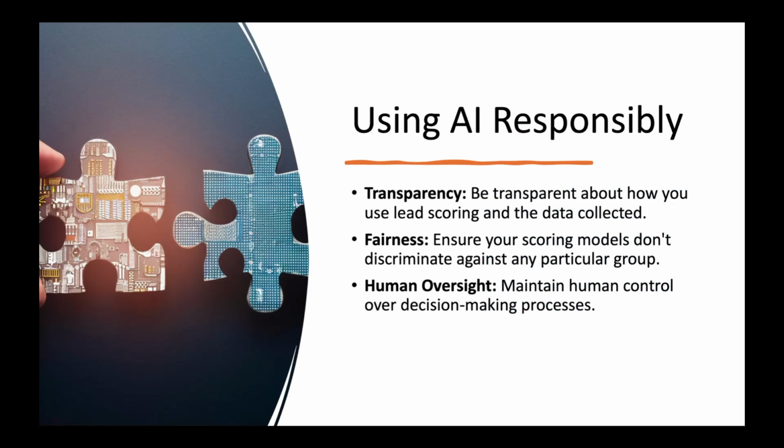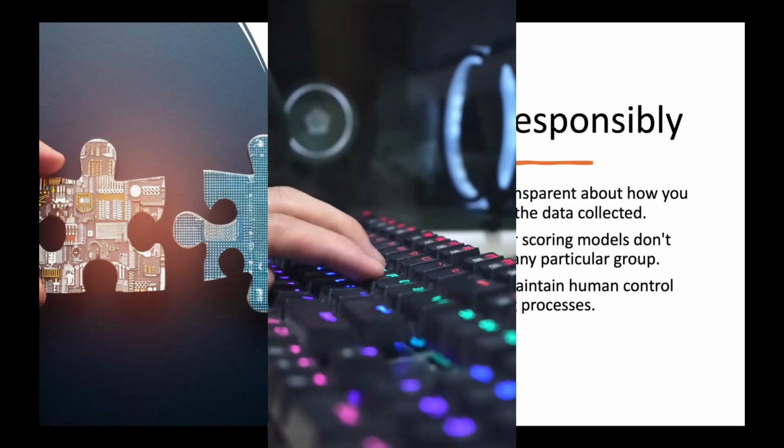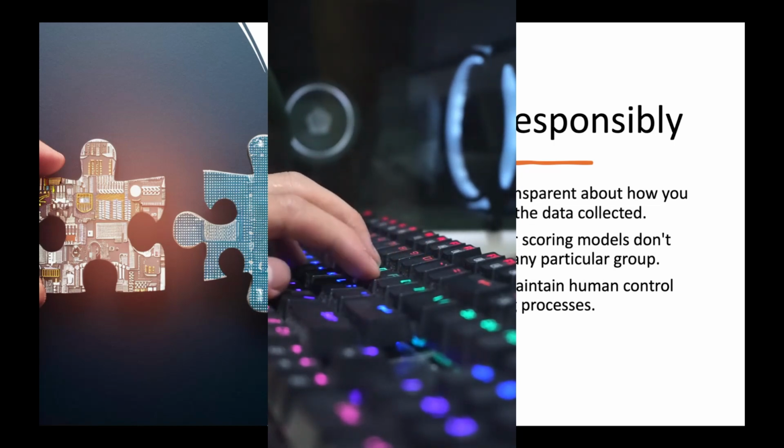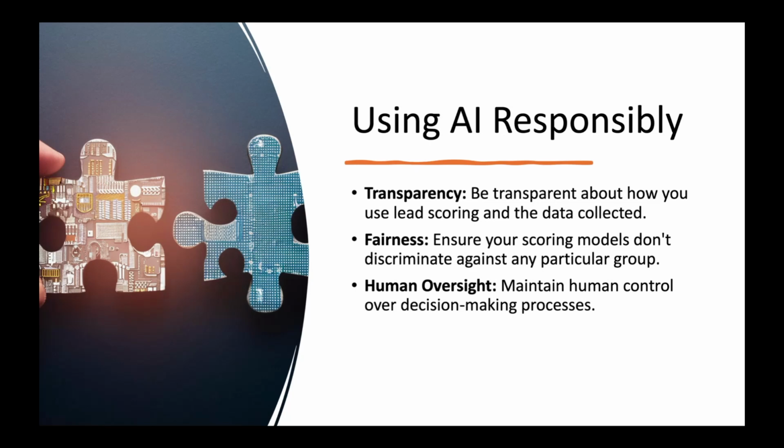So as with everything, you use these tools responsibly. Now, everybody has access to the same tools, but the people who use it responsibly stay safe and don't fall afoul of the law. So you need to be transparent with the data you are collecting and how you're using that data. The major one is fairness in the information you are collecting.